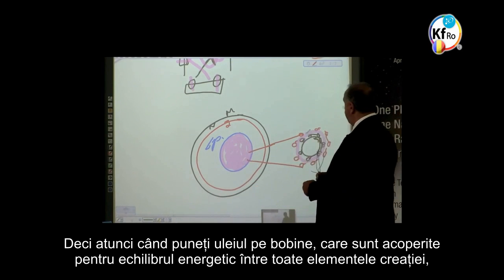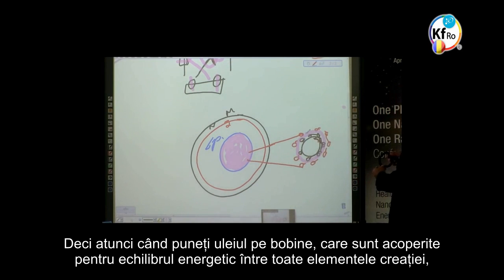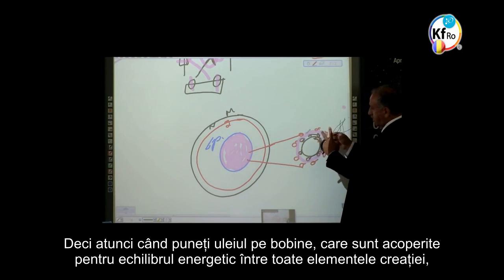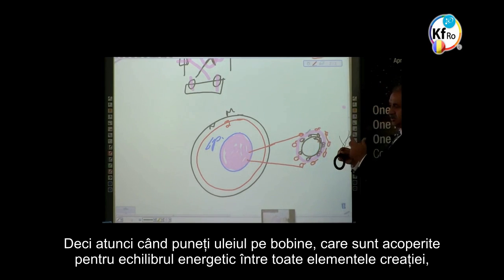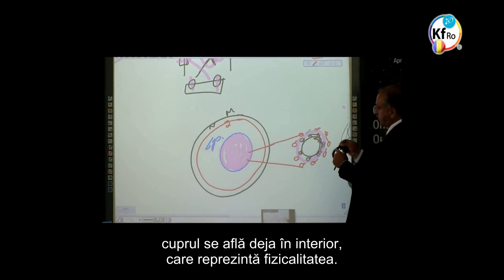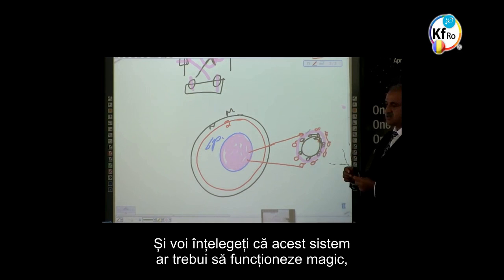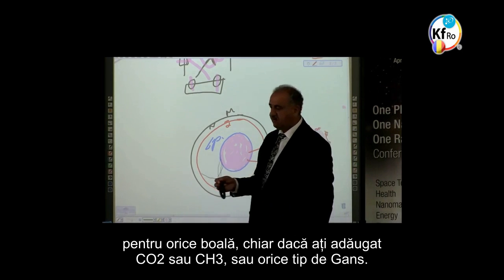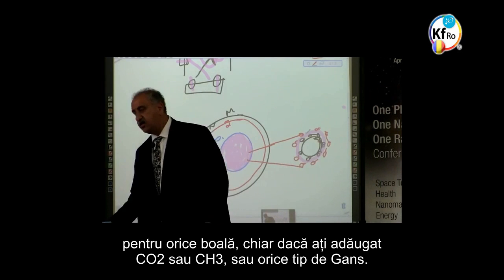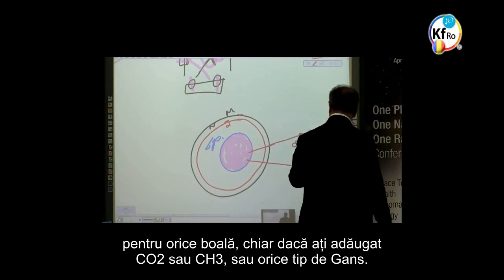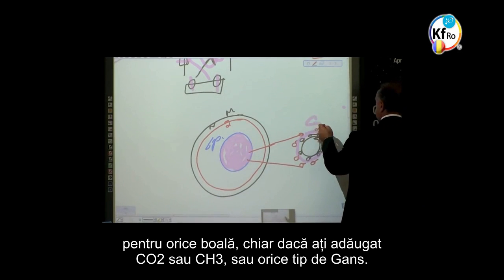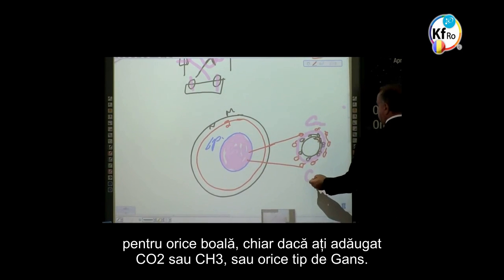So when you put the oil on the coil, which is coated for balance energy between all the elements of the creation, the copper is already inside, which is the physical. And you understand these systems should work magic for any diseases, even if you added CO2 to it or CH3 for any kind of depression.